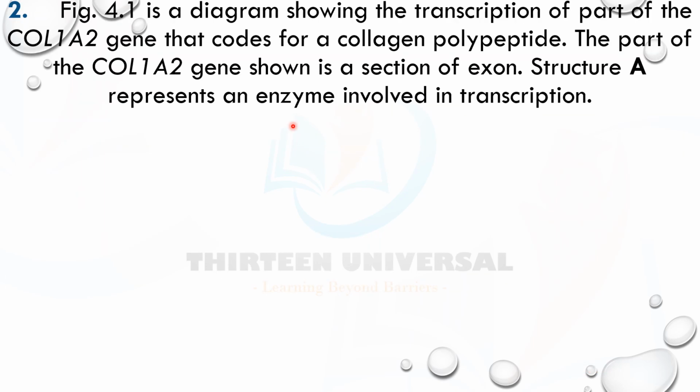Fig 4.1 is a diagram showing the transcription of part of the col1A2 gene that codes for a collagen polypeptide. The part of the col1A2 gene shown in the exon structure, structure A, represents an enzyme involved in transcription.